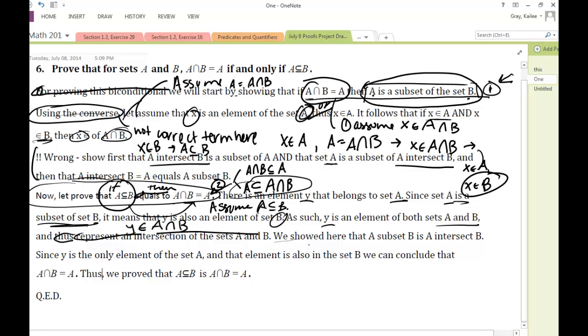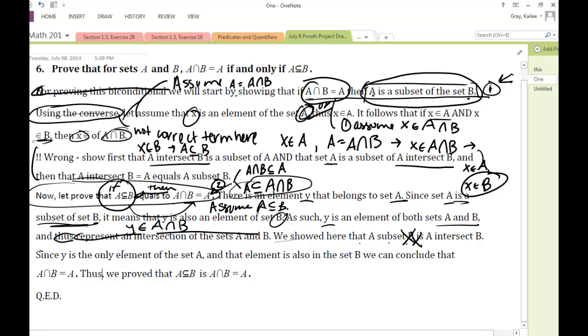And yep, we showed here that A is a subset of A intersect B, okay? Since Y is the only element of the set A, oh, but we don't know that actually. We don't know that.